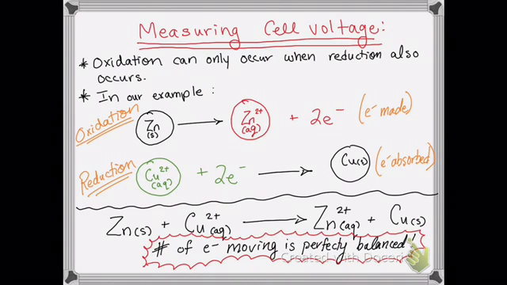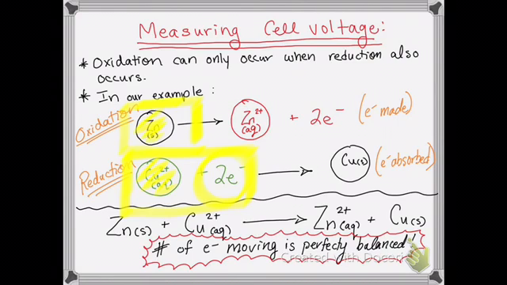When you combine those two half reactions, look at what's on the reactant side, on the left side of the arrow. You have zinc the metal and copper the ion, and there are 2 electrons here.